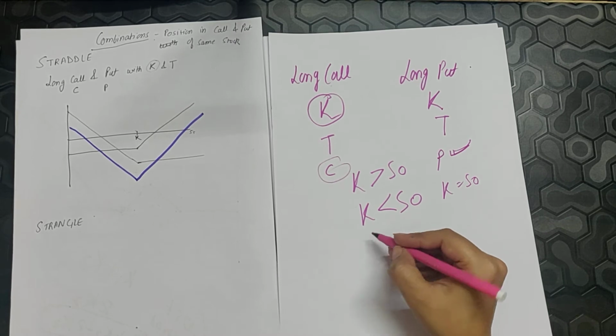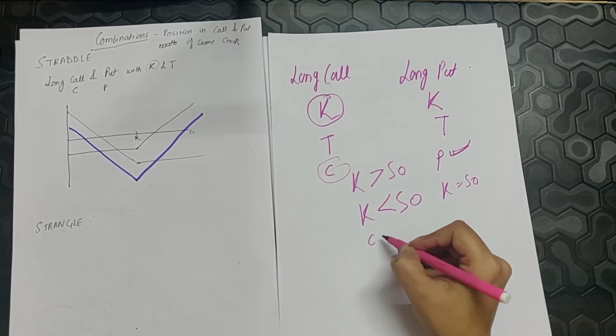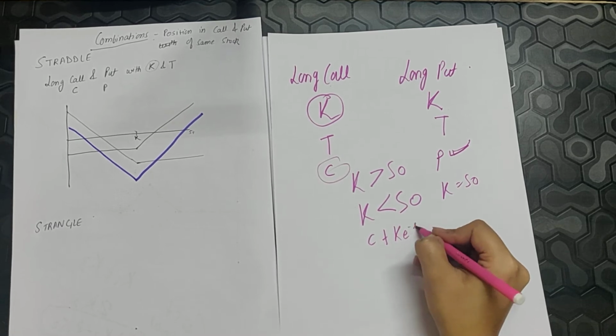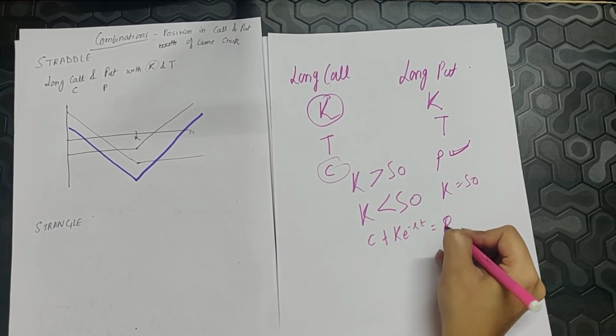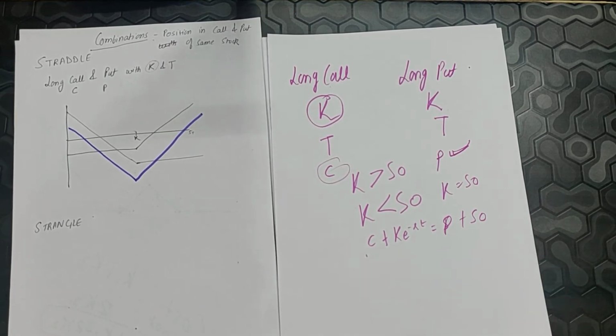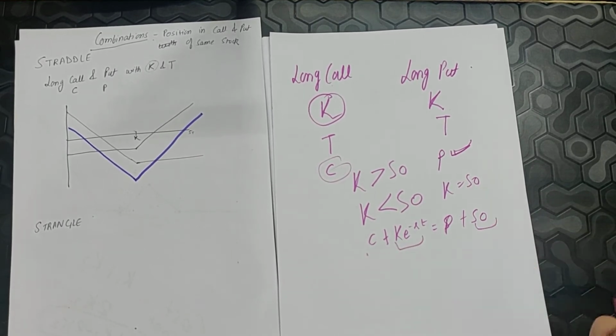Although if you remember, in put call parity we did that C plus K minus RT equals P plus S0. So your C and P relationship actually depends on K and S not only. So eventually it is about how far or near my K is to S naught.